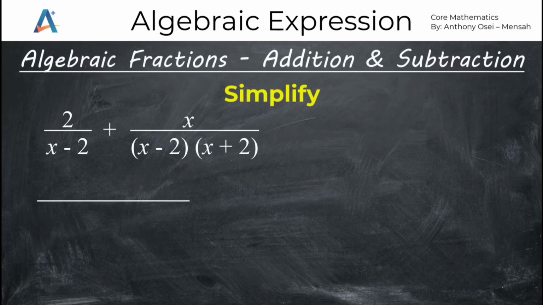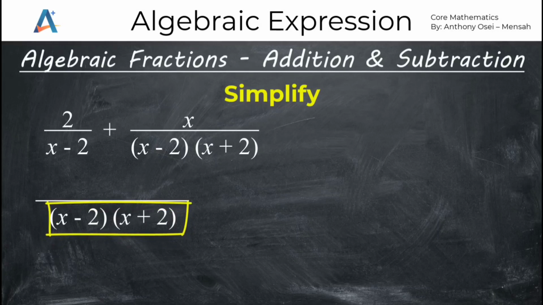We draw the LCM line because there is an addition sign in between the fractions. Checking the denominators, we see x minus 2 repeated, so we write only one of them in brackets. Then we see whether there is a different denominator. Yes, which is x plus 2. So finally, our LCM, the least common multiple, becomes x minus 2, x plus 2.